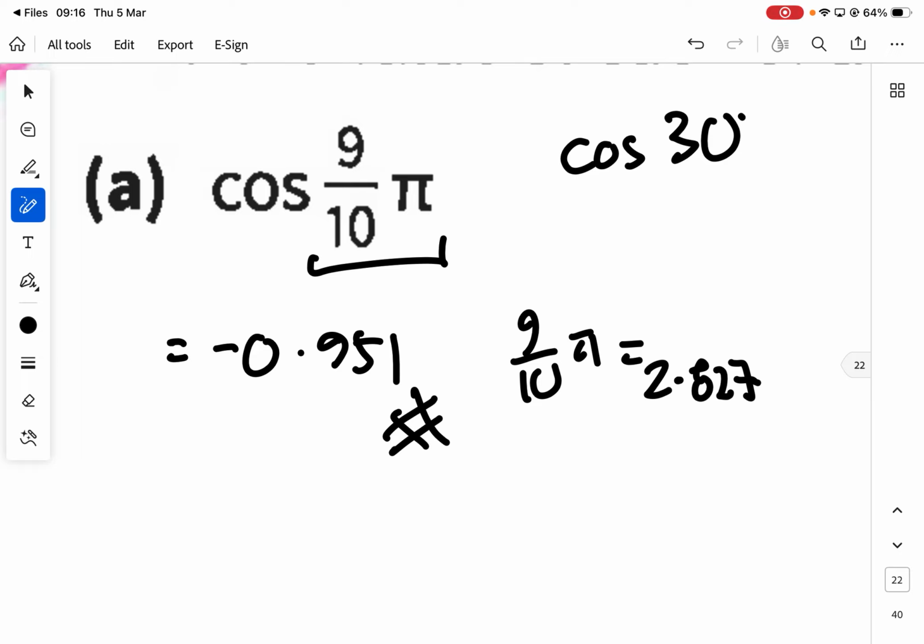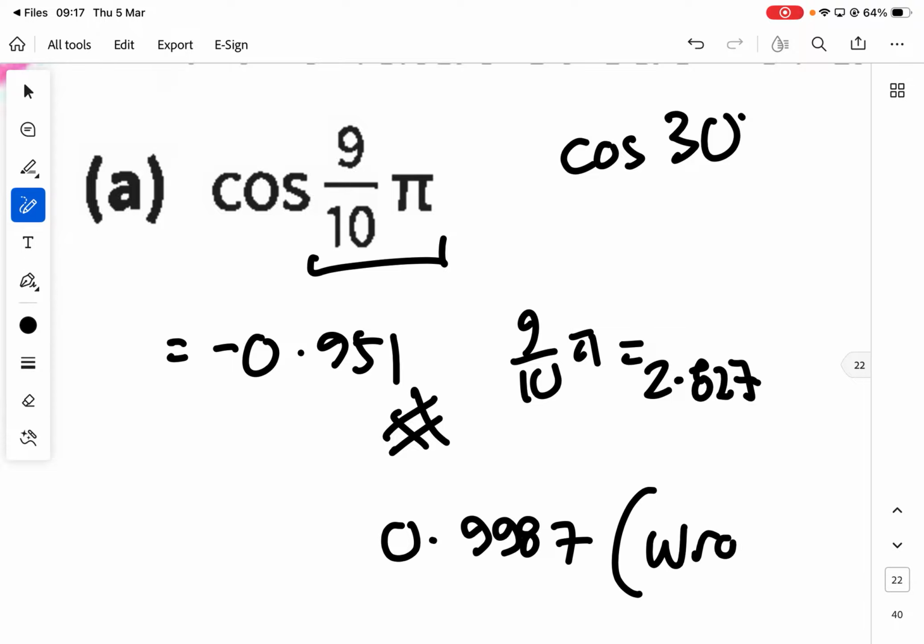Okay? So when I cosine inverse, if my calculator is in radian mode, when I cosine inverse 0.445, my calculator will tell me 1.10962. This is in terms of radian, because my calculator is in radian mode.